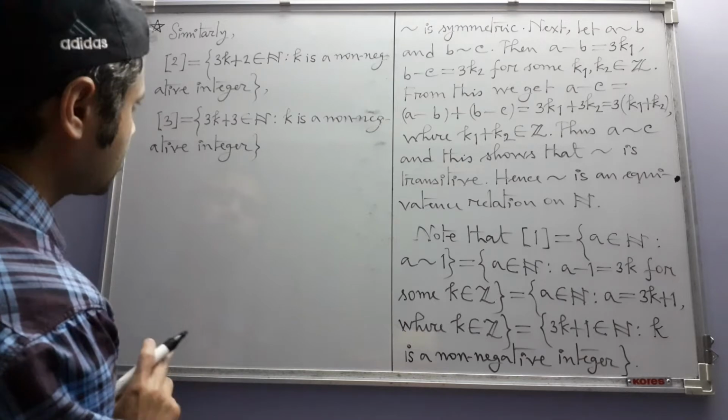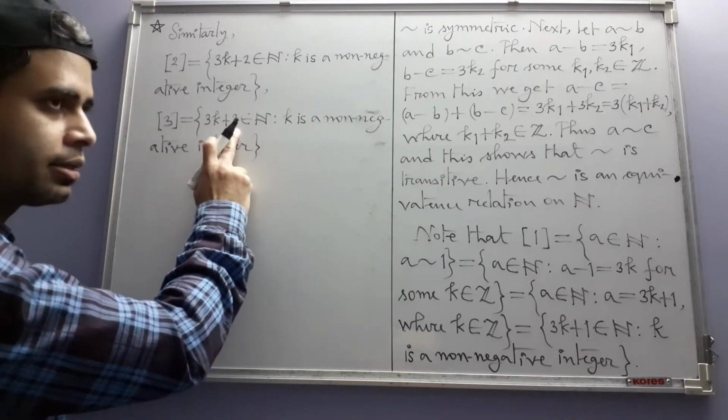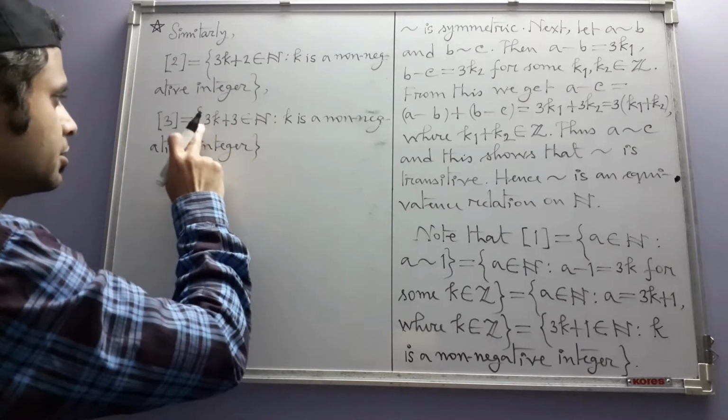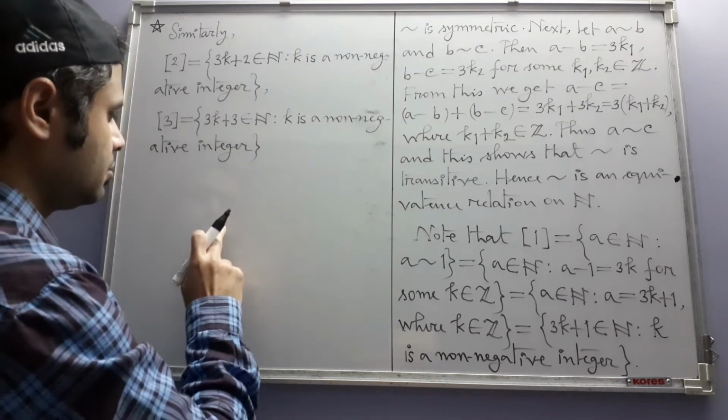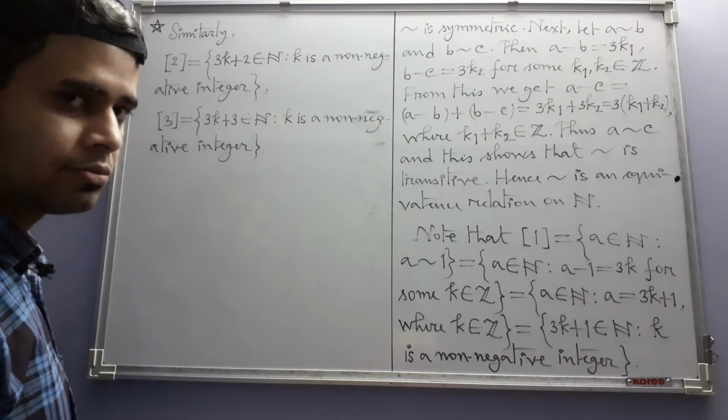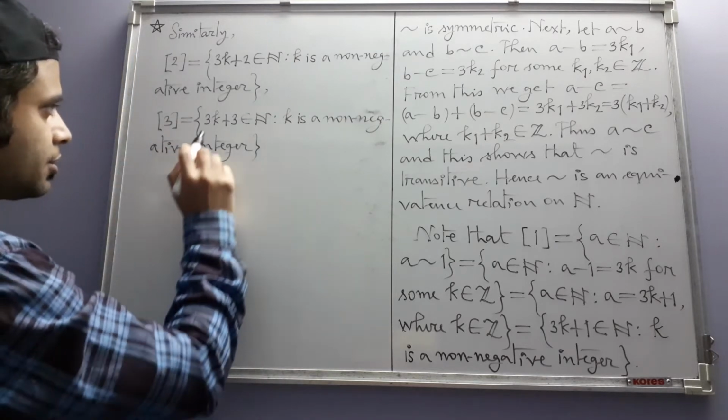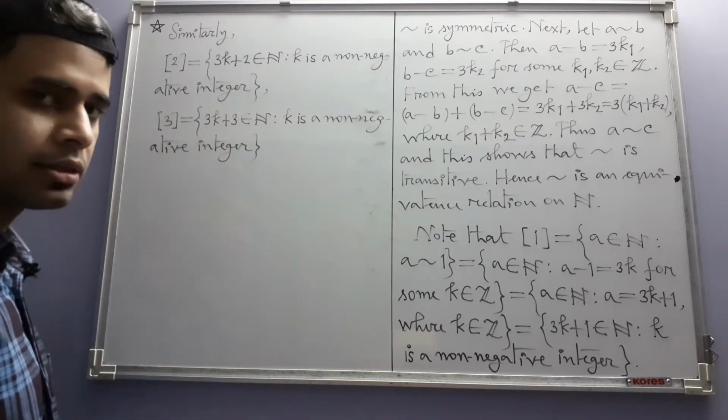Now in this particular case, because you can take 3 common out, so this will be 3 times k plus 1. Now if k is any non-negative integer, in place of k you can think of another variable.